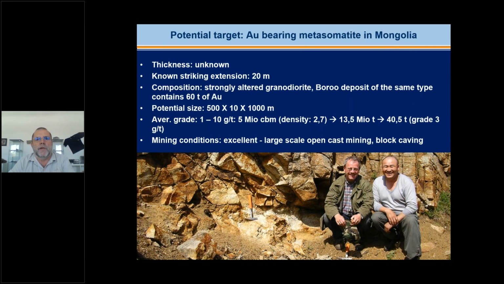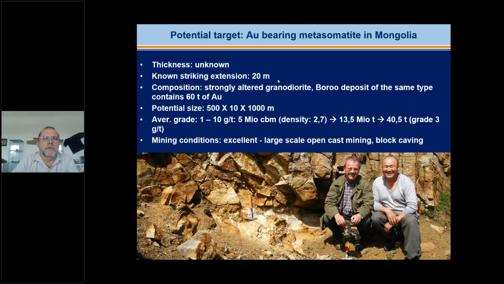But this here is something different. This is a granodiorite, but what we can see here below is a so-called metasomatite, an altered granodiorite bearing bigger gold ore bodies in the nearby Boro gold deposit discovered in the 80s of the last century. The thickness here is unknown.